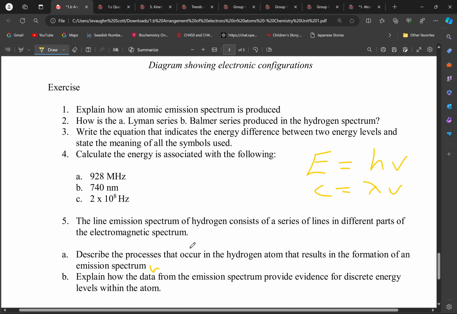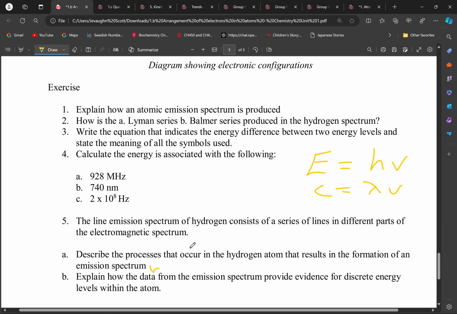And when the electron falls back down to its original state to become stable, the corresponding photon of light that is emitted corresponds to a certain wavelength, and as a result it will show a band of light.